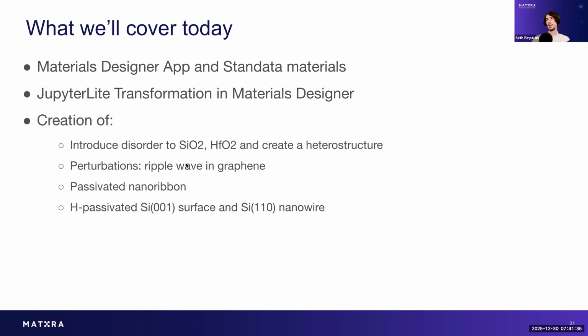We'll introduce disorder to silicon oxide, hafnium oxide, and we'll create a heterostructure, an interface between them. Then we're going to add a perturbation of some ripple wave inside of graphene. Then we're going to create a passivated nanoribbon, and then two different silicon structures passivated with hydrogen.